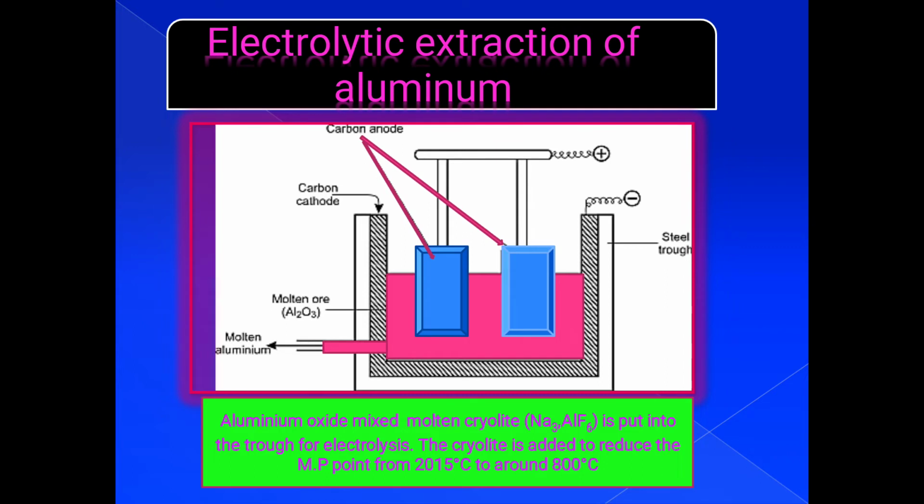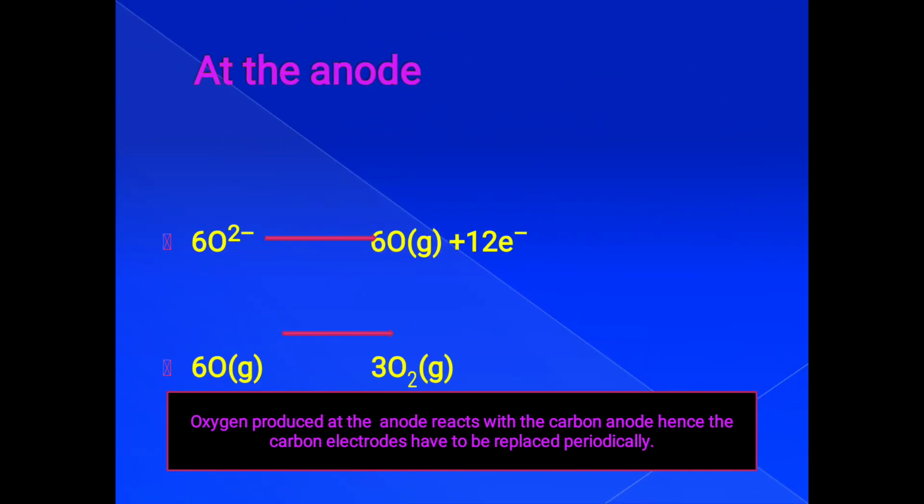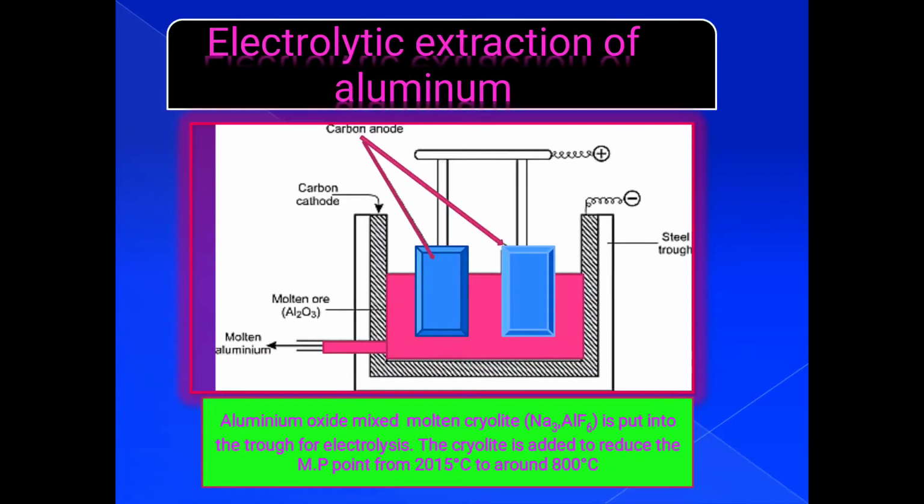We also have information we need to note: the cathode is made up of carbon. All right? The anode as well is made up of what? Carbon. So we need to look at what happens at the anode. So taking this as our anode, remember we are now having molten aluminium oxide.